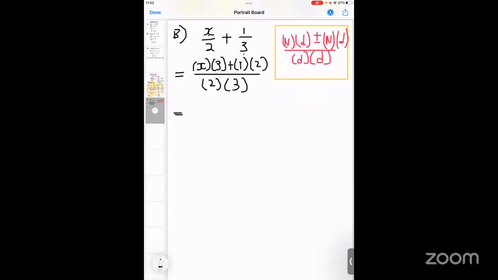So what is x times 3? 3x. 100%. It is 3x plus 2 times 1, obviously is 2, over what is 2 times 3? That is 6. Then you are done. Does it make sense, Manahil? Yes, sir. Can you see this one, in just 2 steps you are done.